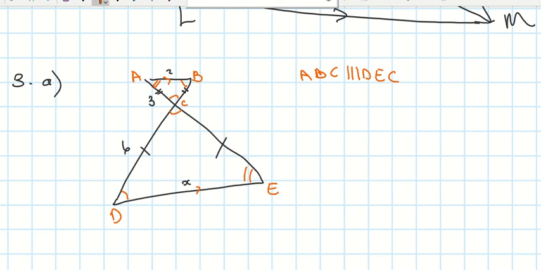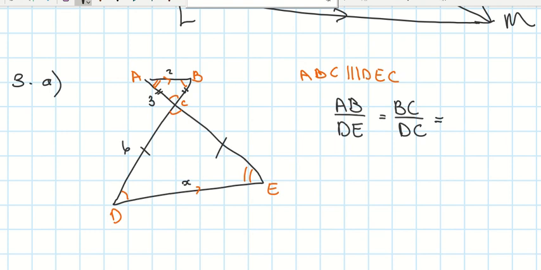Now, however, there's something else that you were also taught, and there were a lot of questions that look like this. So what we're supposed to say is this equation: AB over, now we check what is the corresponding one, DE, is equal to BC over what is corresponding to BC, it will be DC.